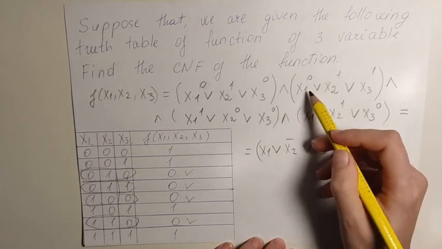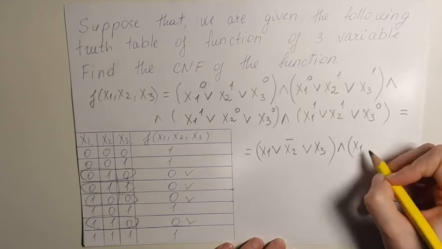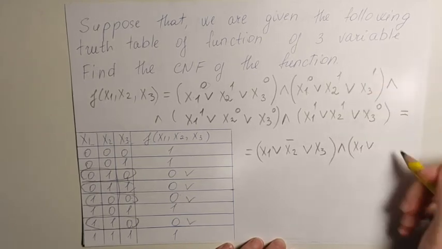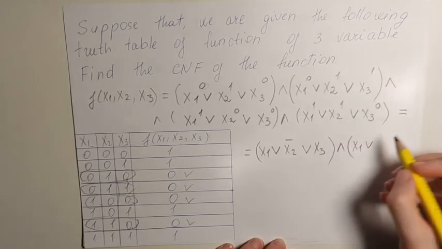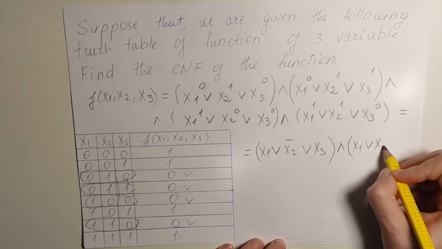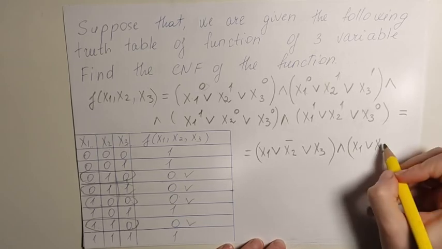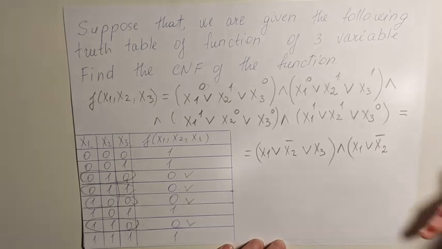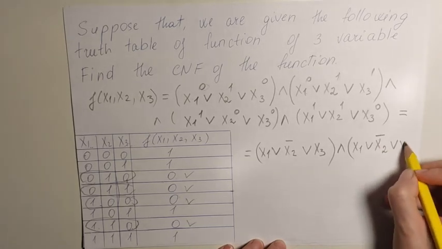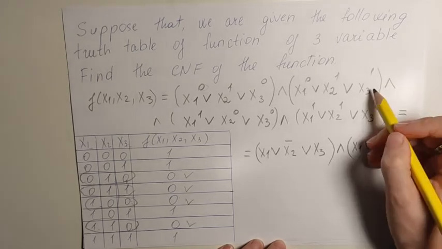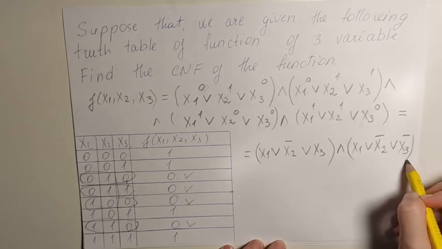Then x1 0 again the same, x2 1 is replaced by x2 negation, and x3 negation, because the truth value is equal to 1.